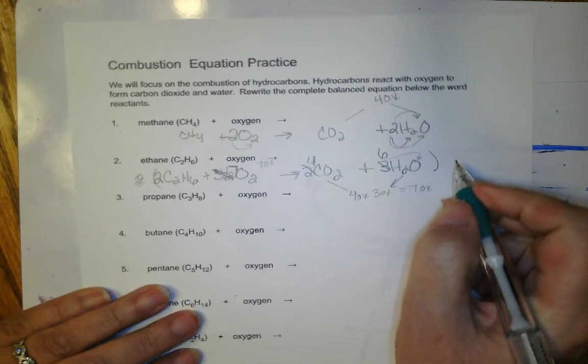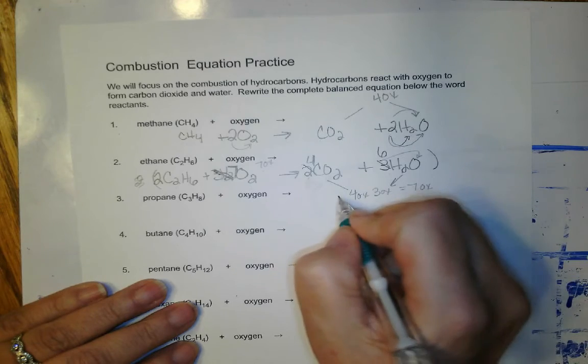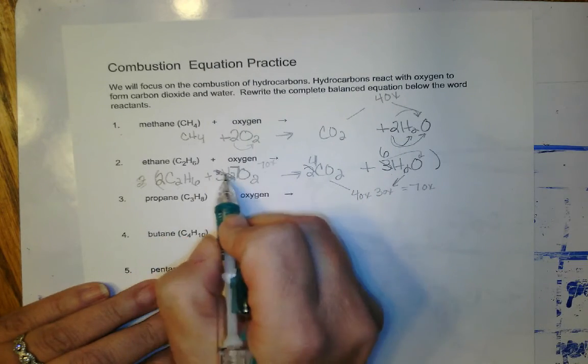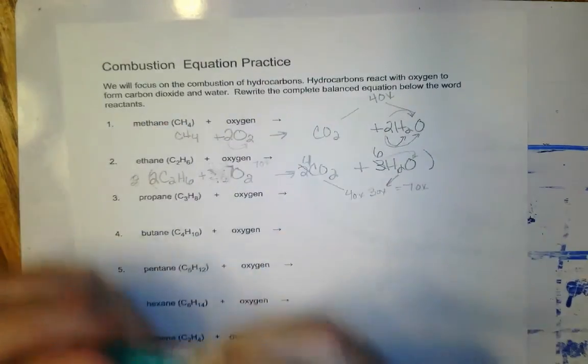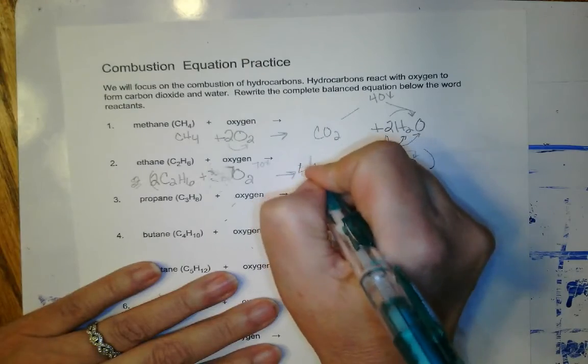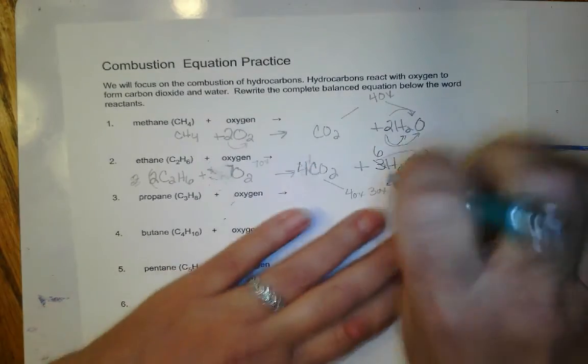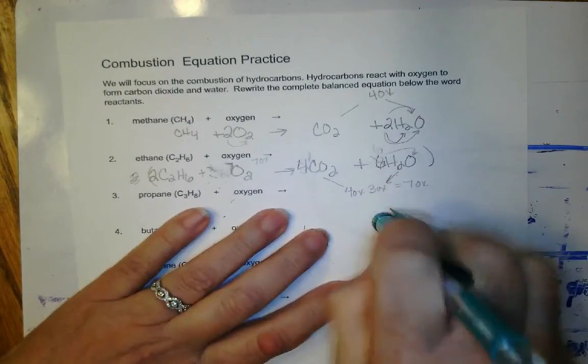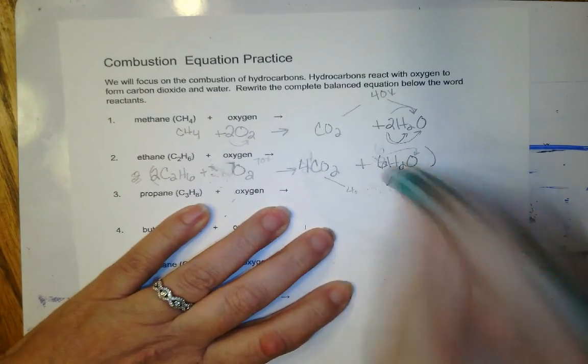So my balanced equation here is going to be 2C2H6 plus 7 O2s, 7 oxygens, is going to give me 4 carbon dioxides. Okay, let's write that nice. And 6 waters. Okay, and that's how that guy gets balanced.